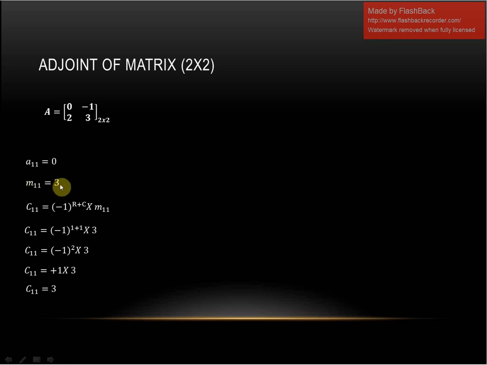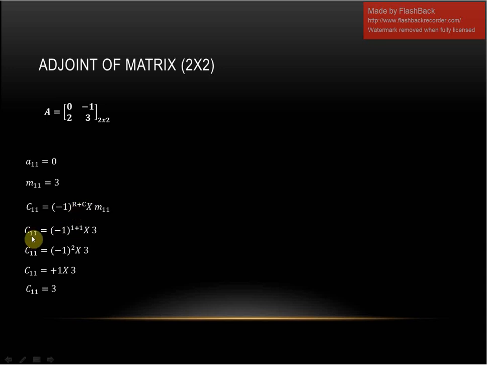After identifying the minor, you will calculate the cofactor C11. The formula of cofactor is minus 1 raised to the power row plus column multiplied by M11. You have already calculated M11. Okay. So cofactor C11 is equal to minus 1. What is row? 1.